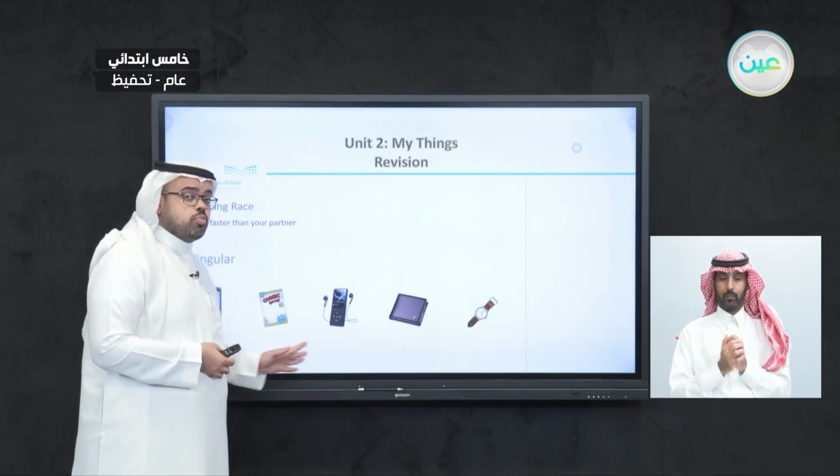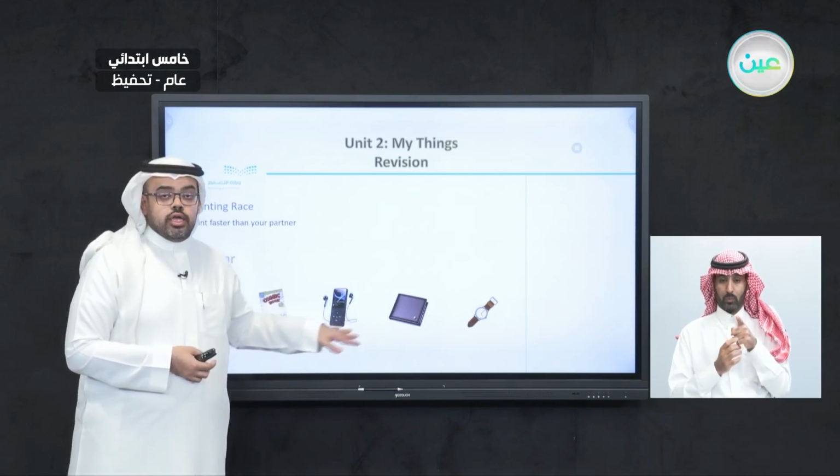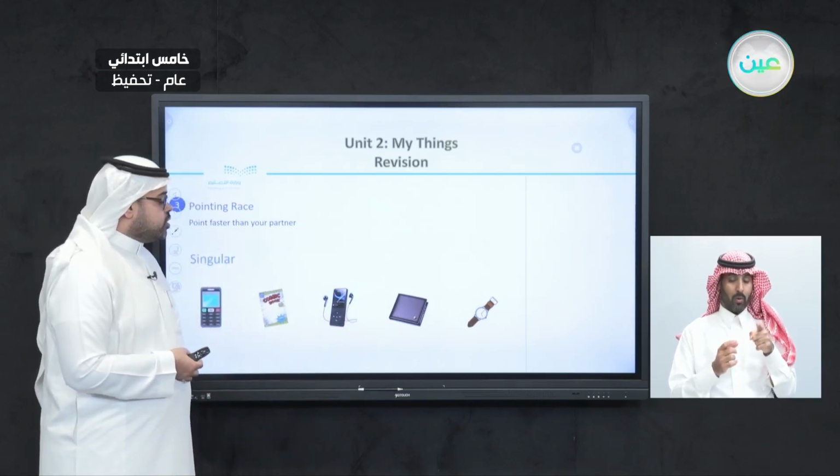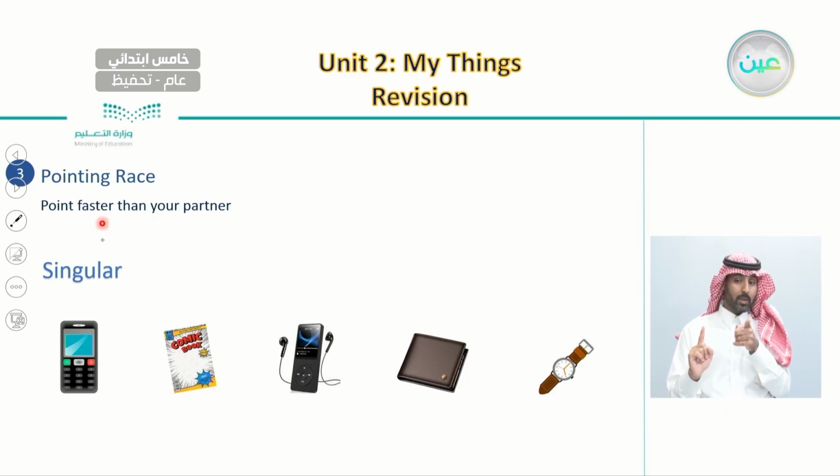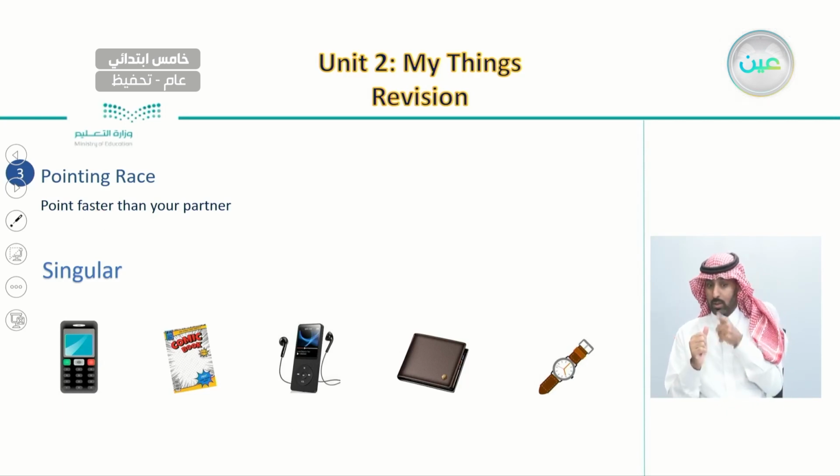You point at any one of these, for example, and say, what is this? Then the other person will point faster than the others and say, it is an MP3 player.